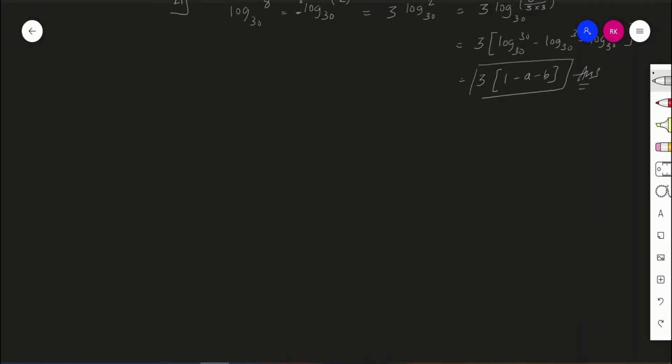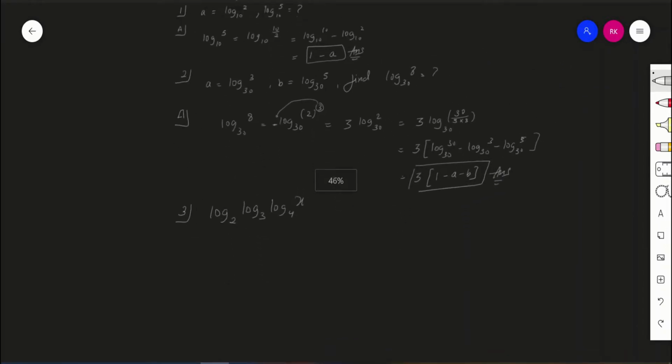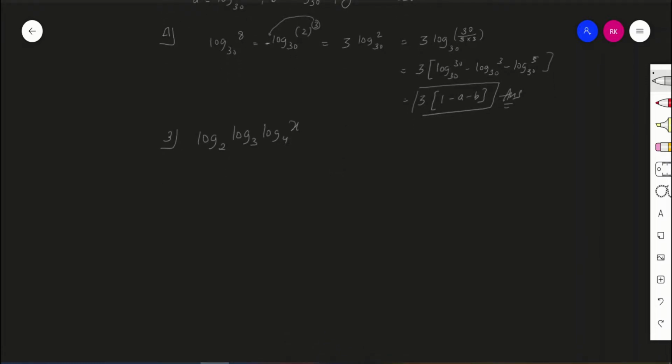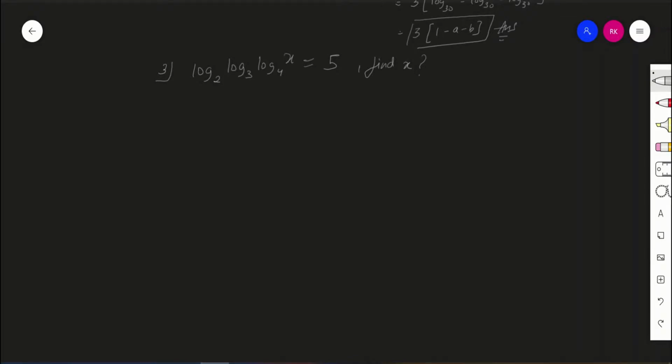Now let's move on to the third question, which is log of 2 of log of 4 of x is equal to 5. So find x. In this one, I'm going to take anti-log on both the sides.